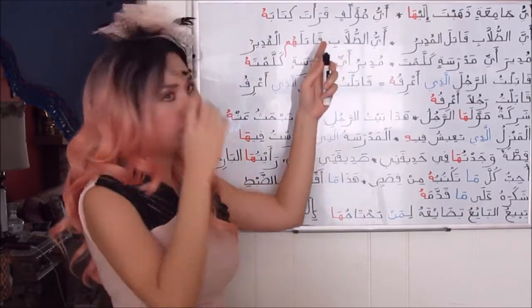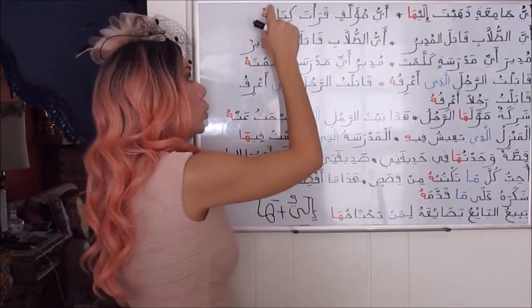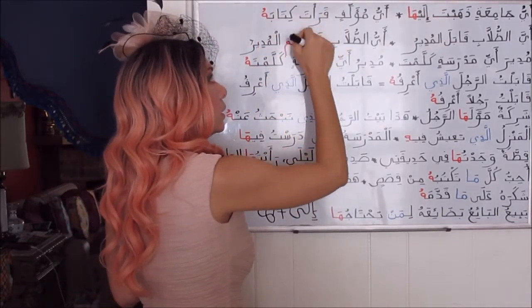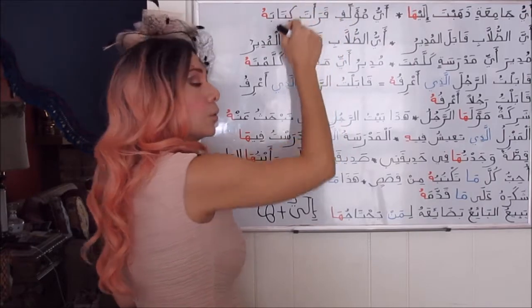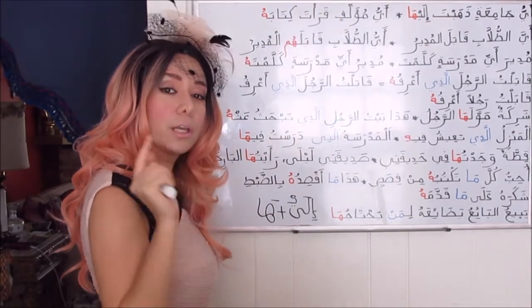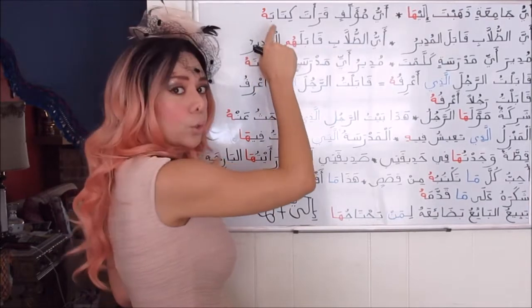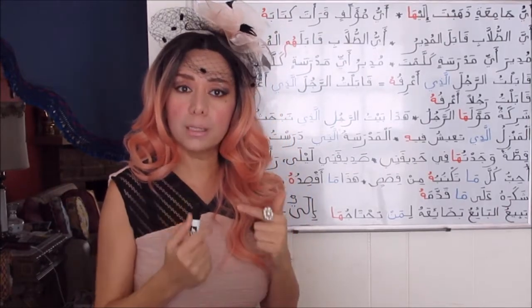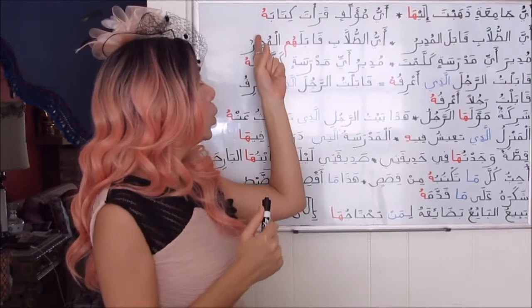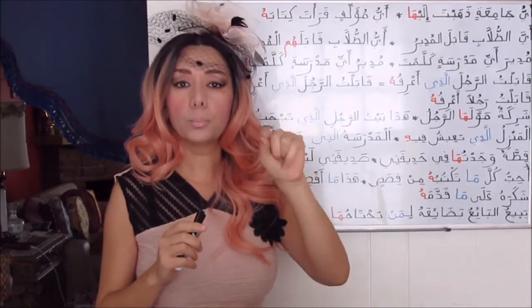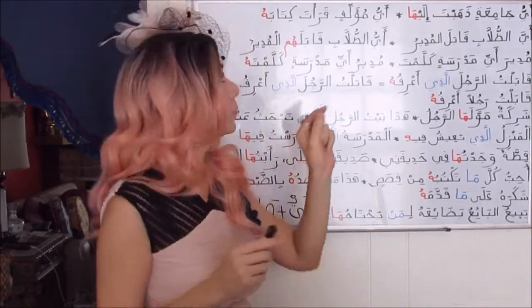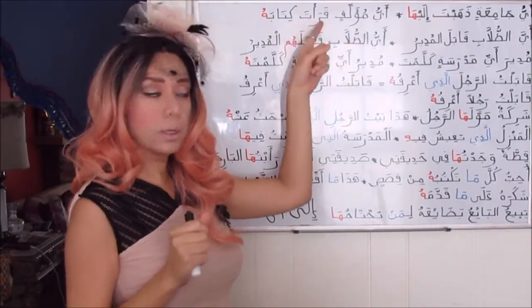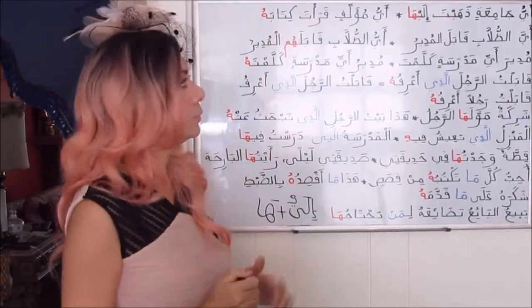So أي مؤلف قرأت كتابه, and since we have this distance, we need to use a resumptive pronoun, the returner, هـ, referring to the author. مؤلف is singular masculine, and the best match is هـ, third person singular masculine. Which author's book have you read? Alright? I hope it's clear.